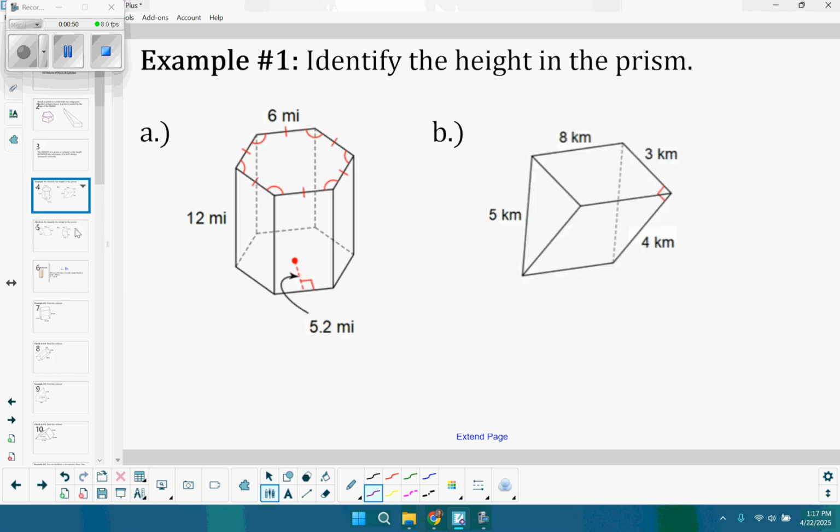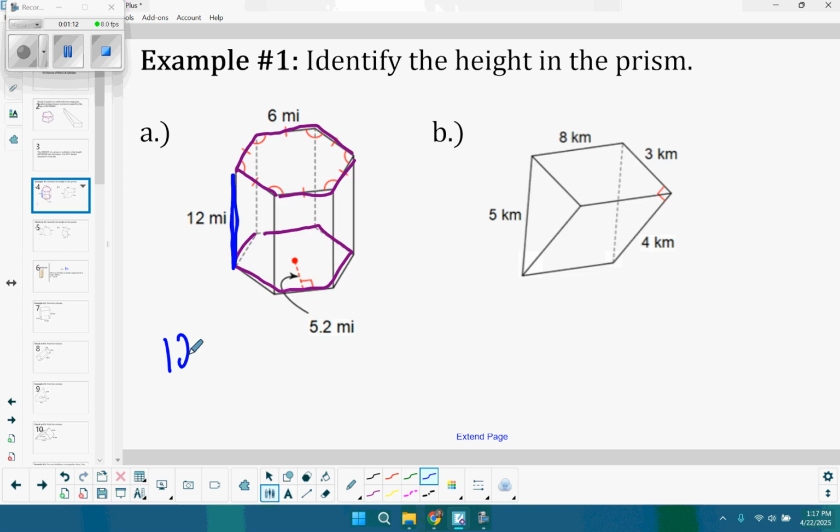So here in our first example, we have a hexagonal prism. The top and bottom in this case are the bases because those are the hexagons. So if I want to connect the top and bottom of my shape, how far apart they are, that would have been this value.